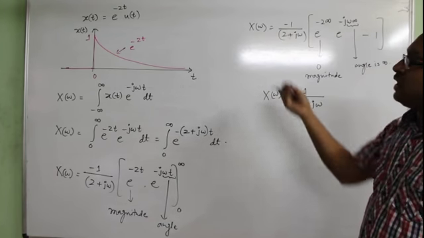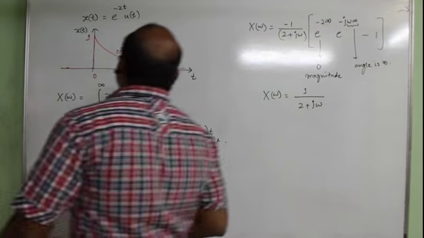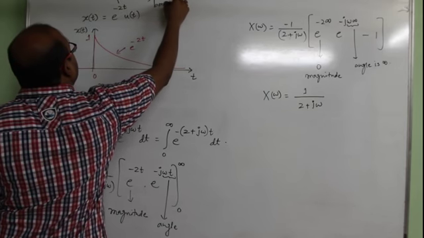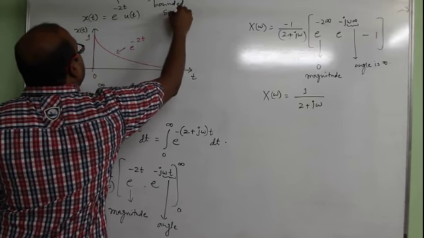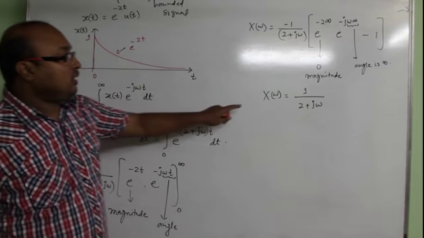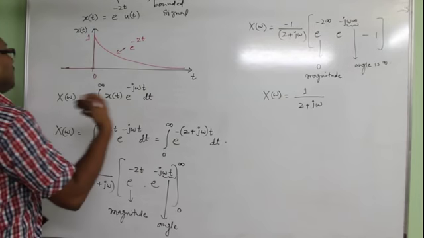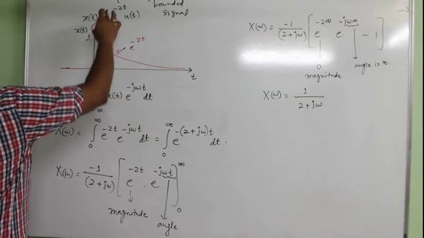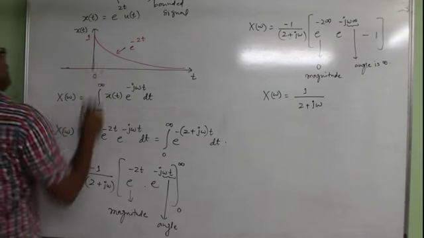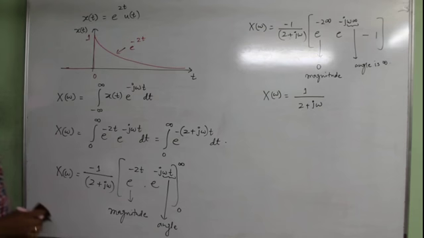See, here we have calculated the Fourier transform of the signal because this signal is bounded as well as absolute integrable. That's why we have the Fourier transform of the signal. Now, let us take another example of a continuous time signal. We are just modifying this signal. Now the signal is e to the power 2t u(t).